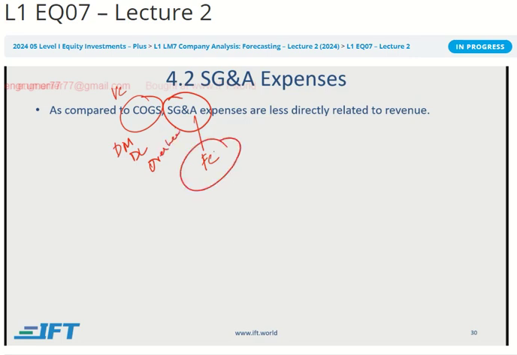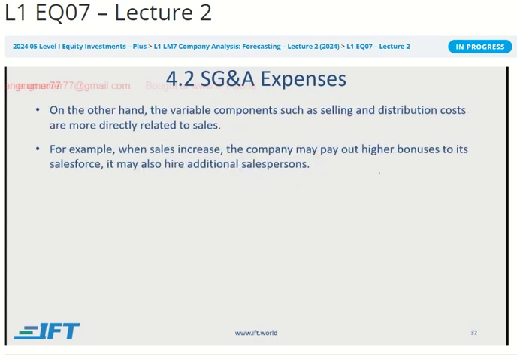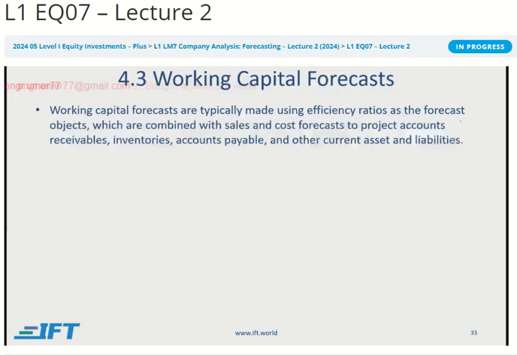But here, overhead in selling, general, and admin will be a much larger part. So again, this can also nevertheless be broken up into fixed and variable because your sales is going to have commission and that's going to be variable, right? But everything else is probably just going to be fixed and will not fluctuate with sales, right? Whereas your selling and distribution cost will. So that is your SG&A.